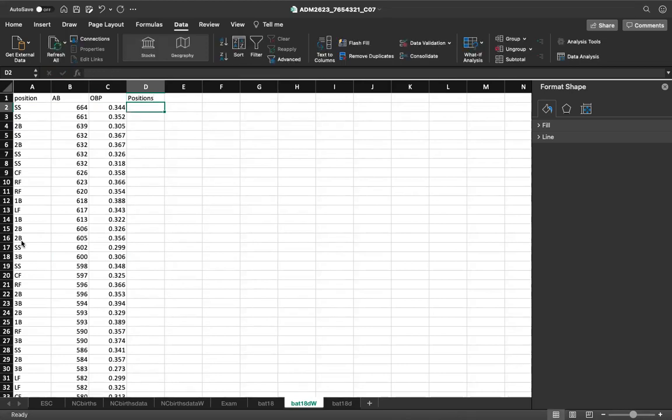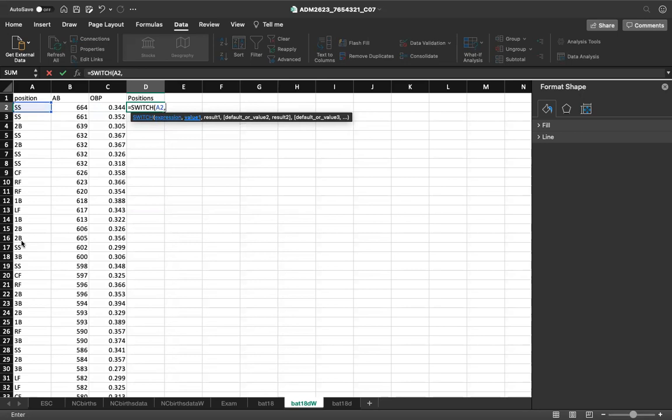All right, so we will use a special function called switch, wherein we look at the position and we check for the values. So there are different values. SS, we call it infielder. Next, let's do all the infielders.